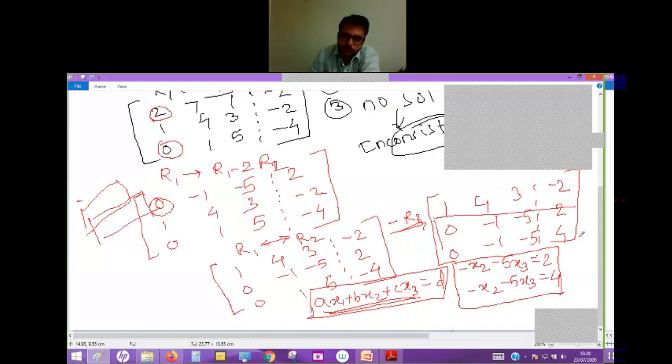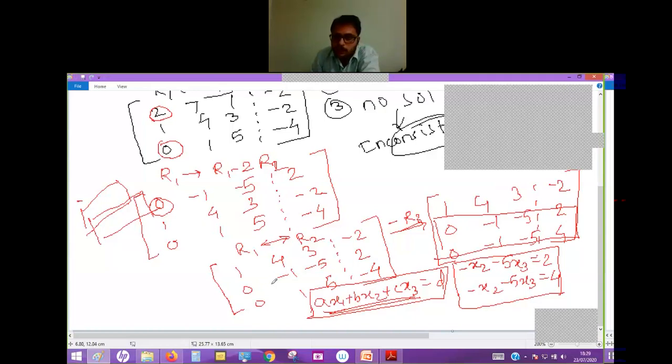Apart from that, we are only considering two equations for now. These 3 equations form a system of planes. Out of those, only these 2 are considered right now, and these 2 represent parallel planes which do not intersect each other. And if they do not intersect, then these have no solution.